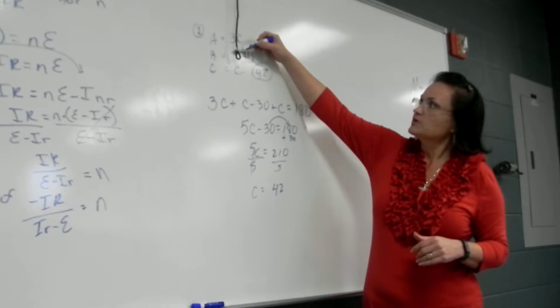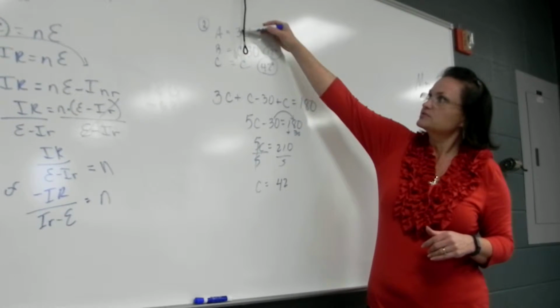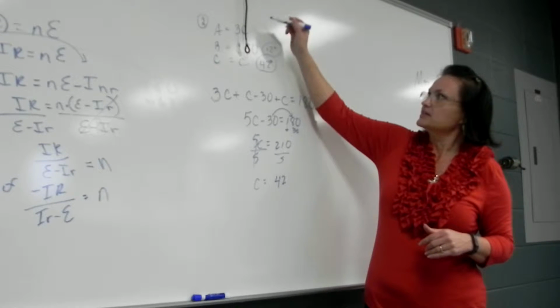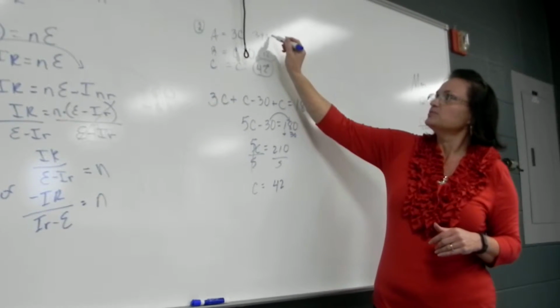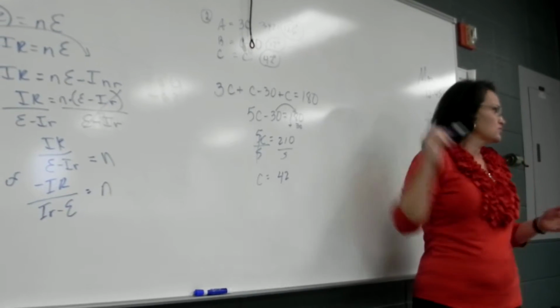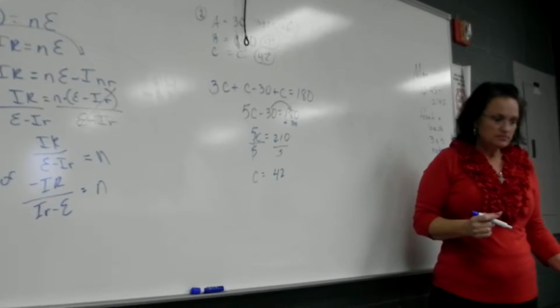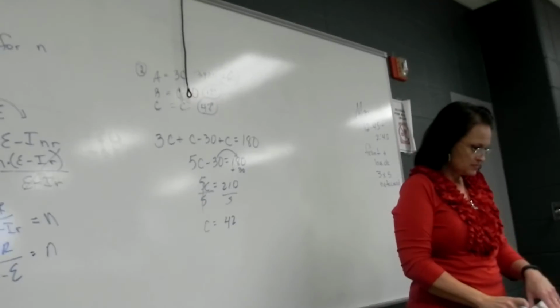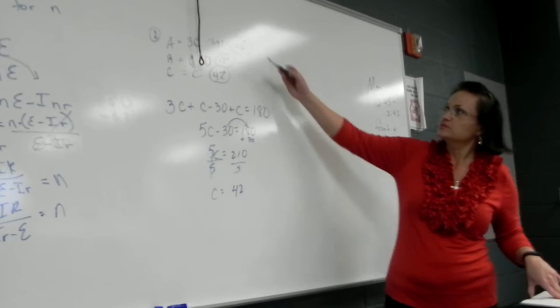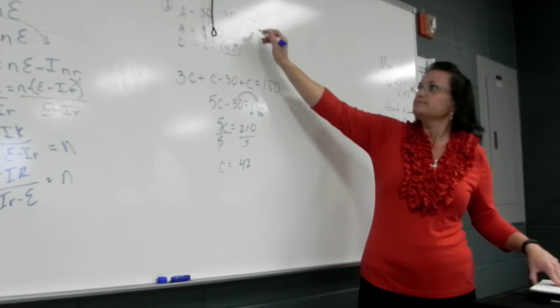So angle B would be 42 minus 30. That's 12 degrees. And then angle A is 3 times C. 3 times 42, let's see, what is that, 126. So those three angles should add up to make the 180. In order, the A, B, C: 126, 12, and 42, answer D.